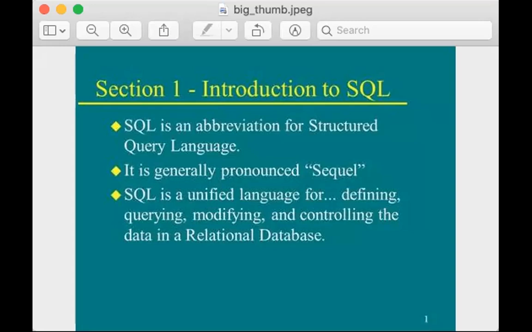The Structured Query Language. Most of you might also know it as SQL. Now, it's a unified language for defining, querying, modifying, and controlling the data in a relational database. Take note, we know what a relational database is. That is a database containing data which is related.